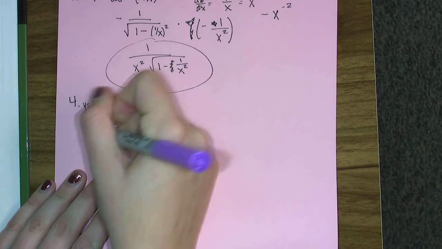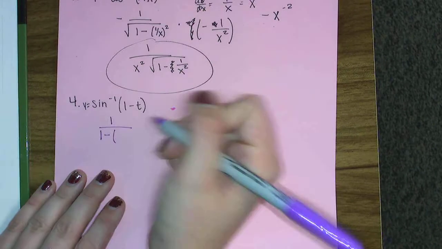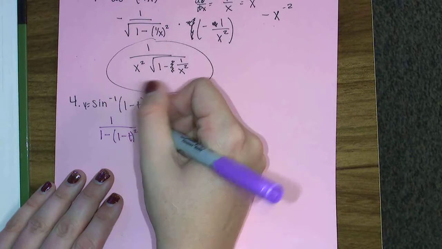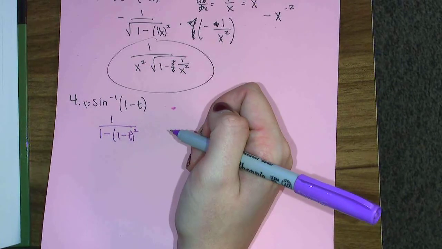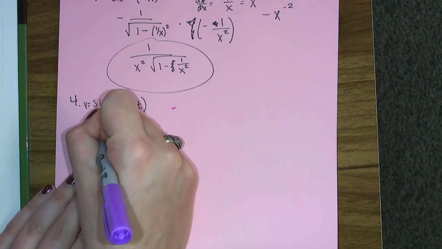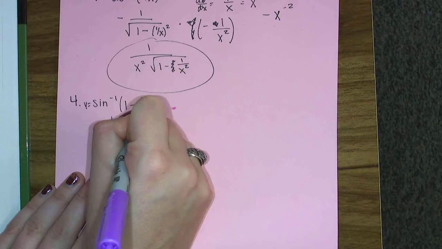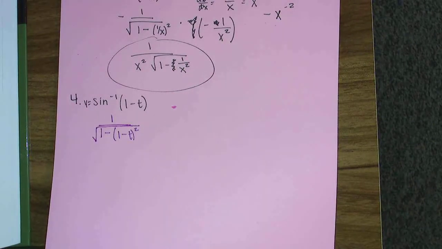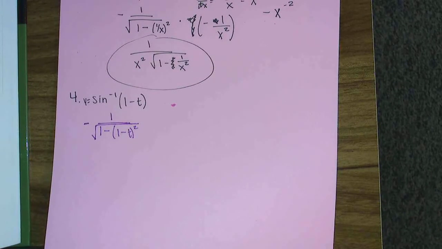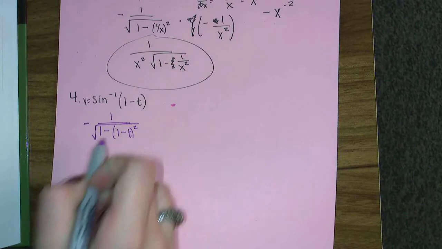One over, so 1 minus, and then where we have x, we'll put in 1 minus t squared, the whole thing. And then because of the chain rule, what else do I need to have? Yeah, so I'm just going to go ahead and throw the negative sign out front here. So then how would I simplify this stuff inside?